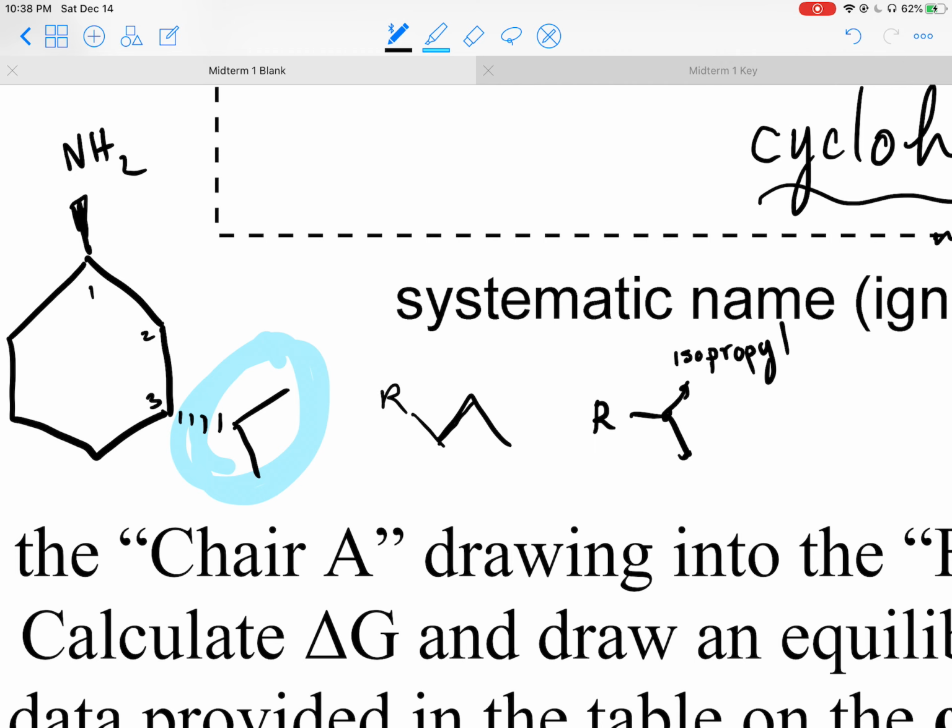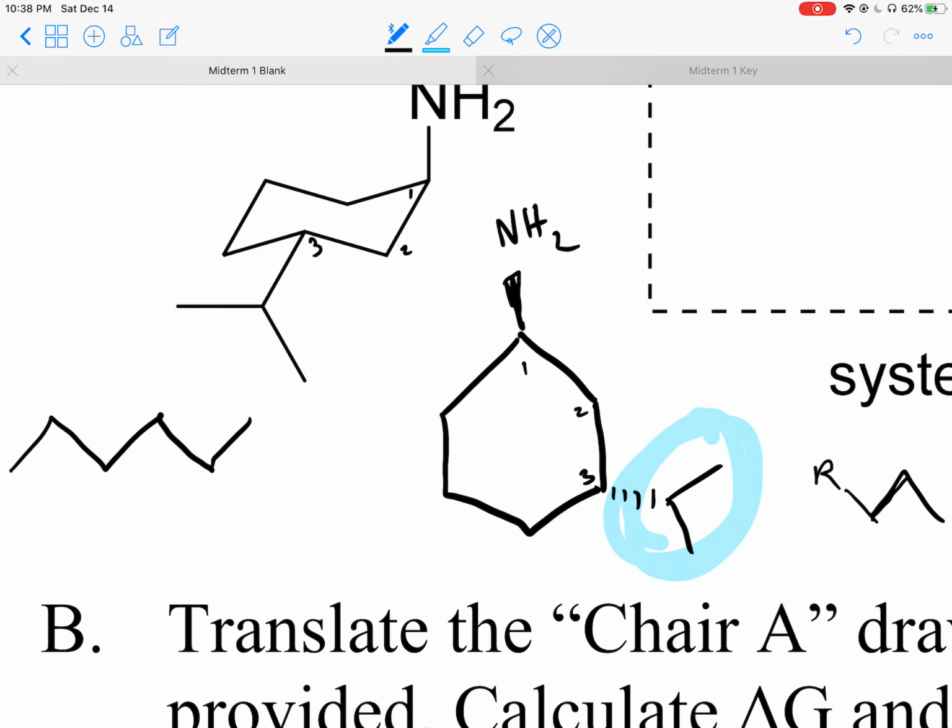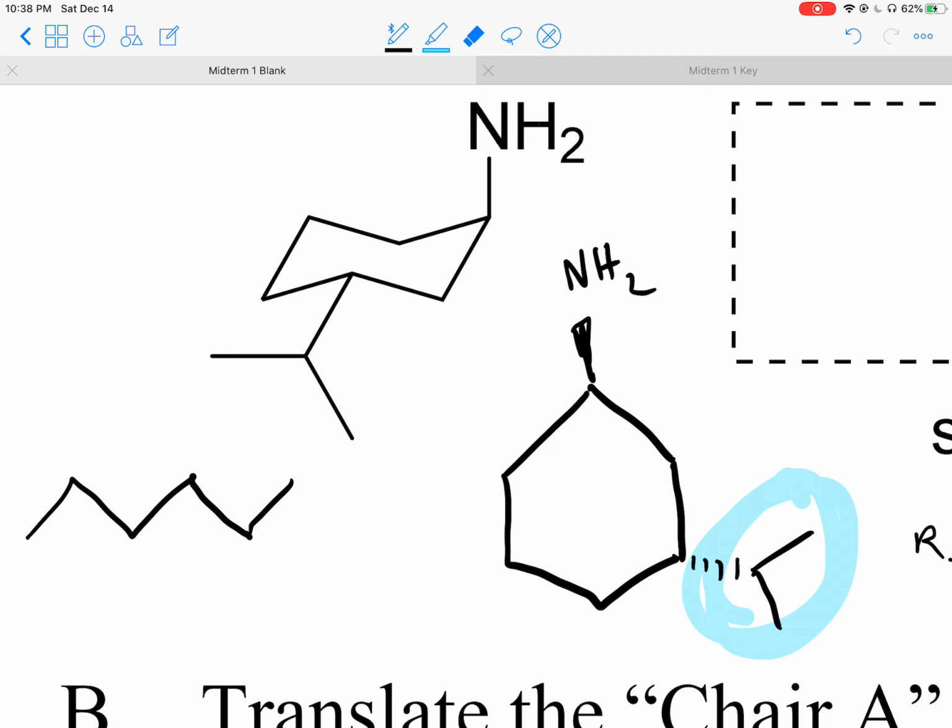And what is the number of the substituent? Well, I actually didn't mean to number it like this. I was just numbering it to draw it in the other way. But we're going to number so that NH2 is the lowest number. So we're going to start with the carbon that's attached to the NH2, and that's going to be carbon number 1.